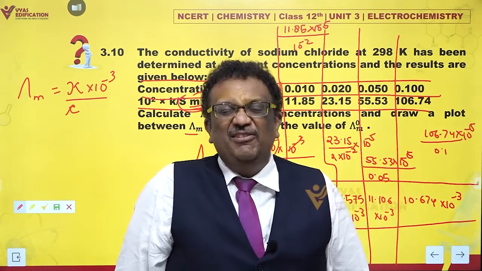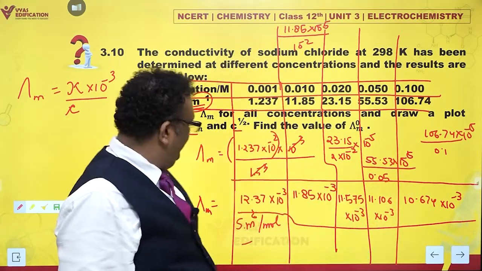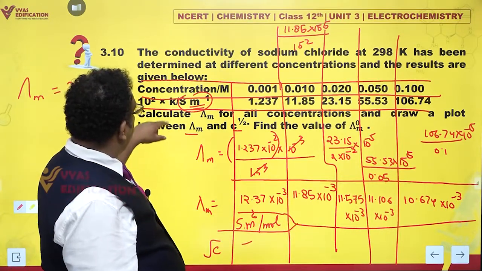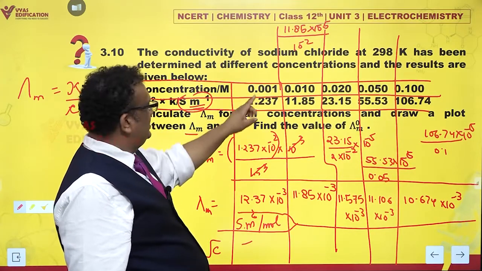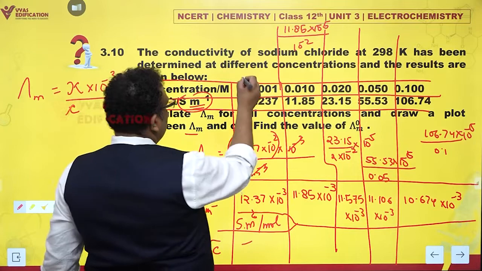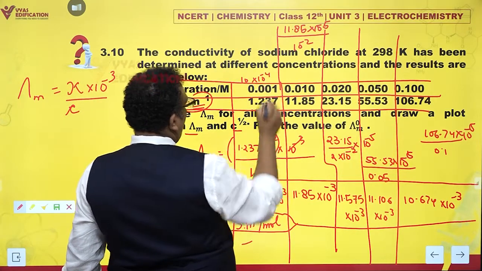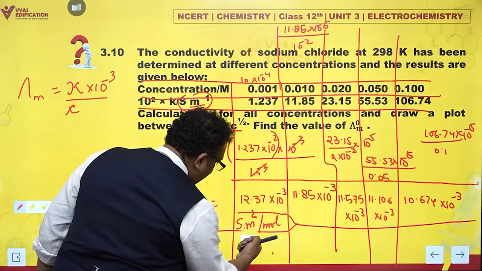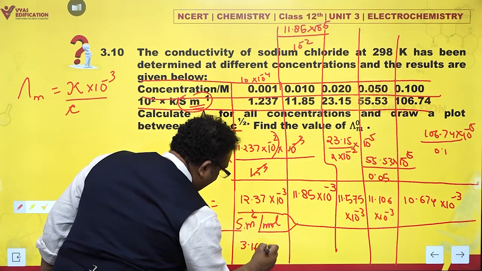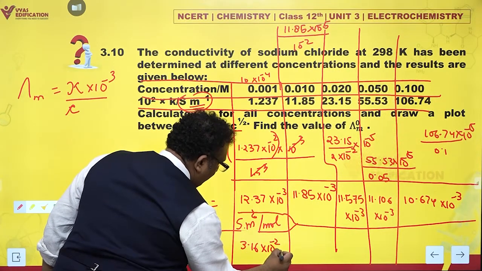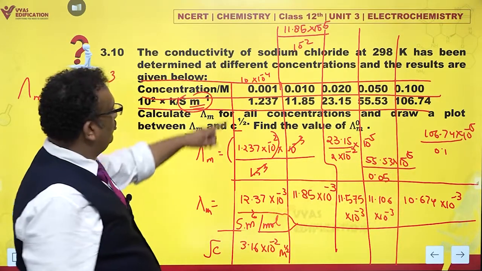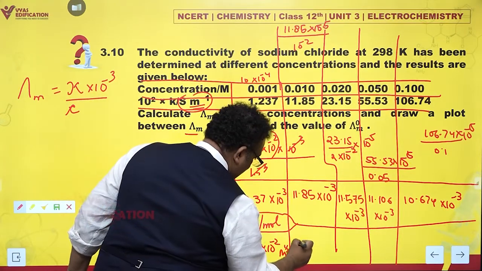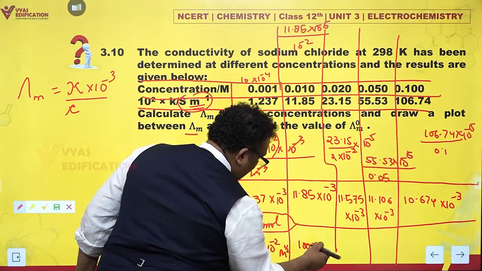It's not just c. We are supposed to take the square root of c. Let's do that. How much is root c? If I take a square root of this, for convenience, let me take this as 10 into 10 raised to minus 4. So what I get is root 10 into 10 raised to minus 2. Root 10 is 3.16. So I have 3.16 into 10 raised to minus 2 molar to the power half. This is root c here. What about root c here?